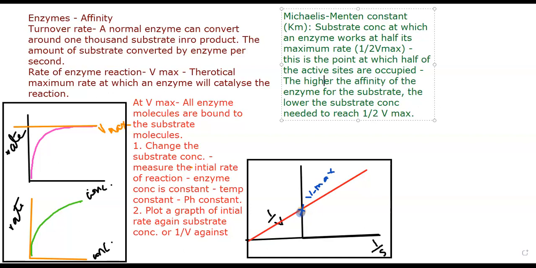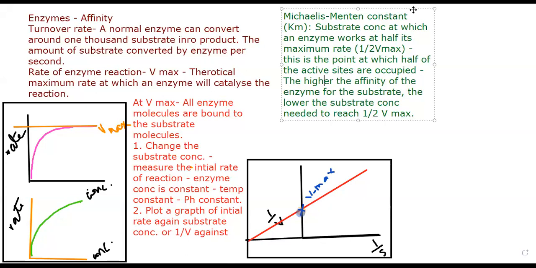So at less substrate concentration, you will reach half Vmax, as compared to an enzyme with lower affinity. An enzyme with lower affinity has less attraction. So to reach that same half Vmax, we will need more substrate. For an enzyme with high affinity, I don't need that much substrate because the enzyme and the substrate are attracted to each other.